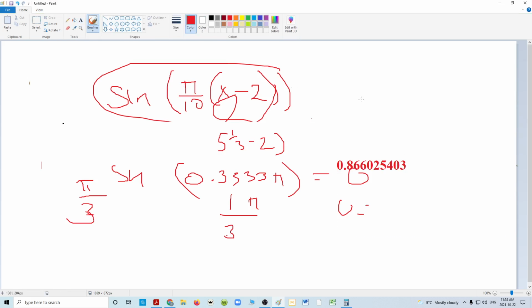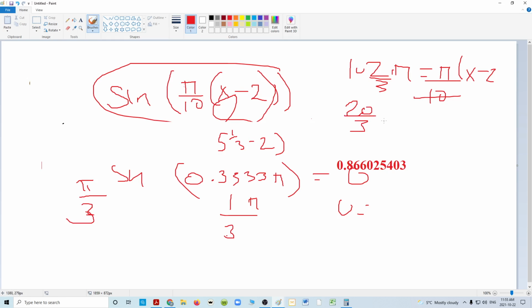Now I can do the same thing for 2/3 pi. I found out 2/3 pi was one of my answers, so I make it equal to pi over 10, this interior, x minus 2. Multiply by 10 on both sides. I get 20 over 3.